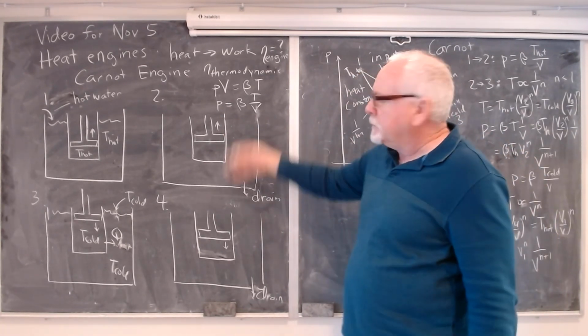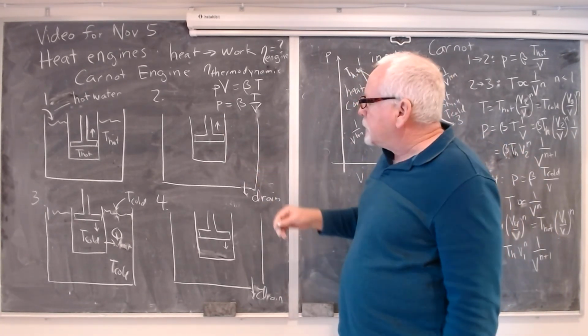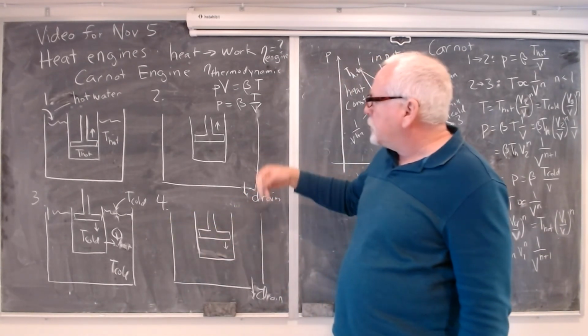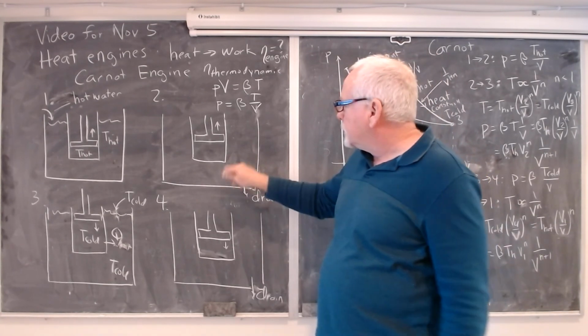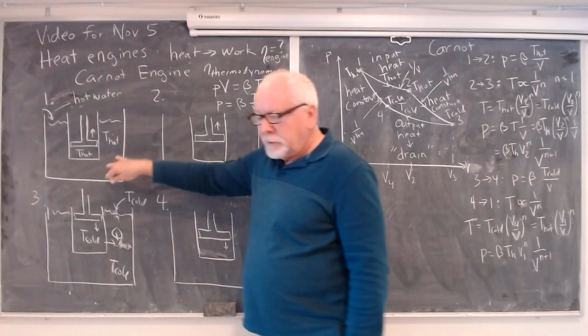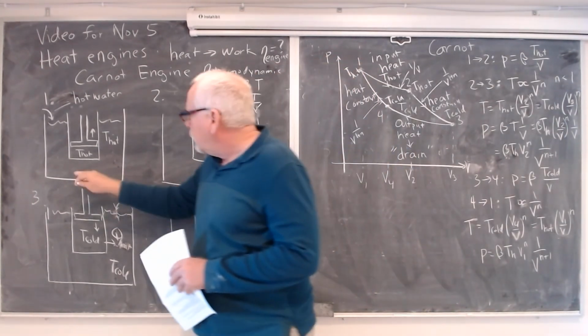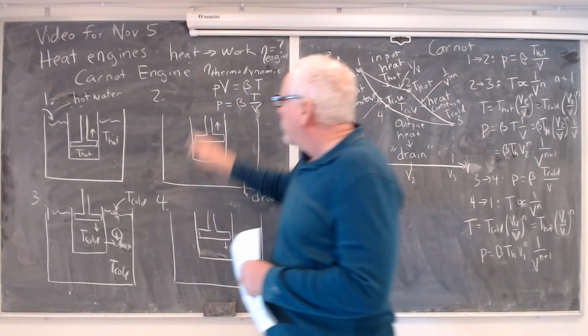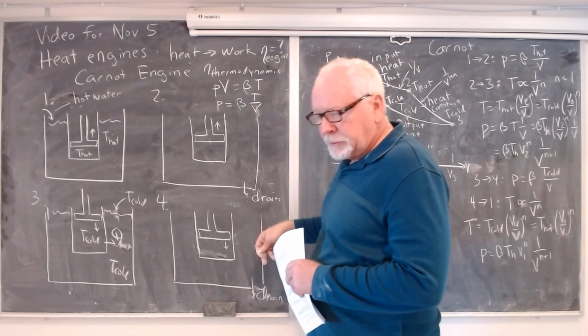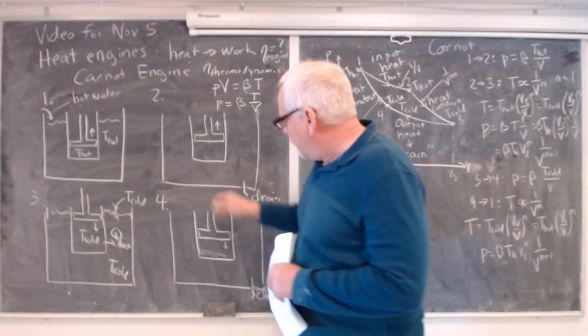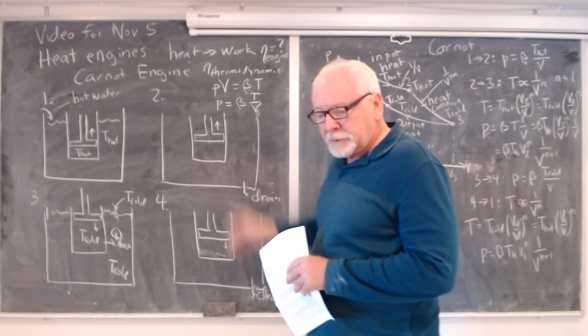There's some sort of mechanism that's controlling the drain and such, so that at those volumes it all fits together and works right: at V1 you introduce your hot water, at V2 you institute your drain, at V3 you institute your cold water, at V4 you institute your drain, and this thing just keeps going around and around.